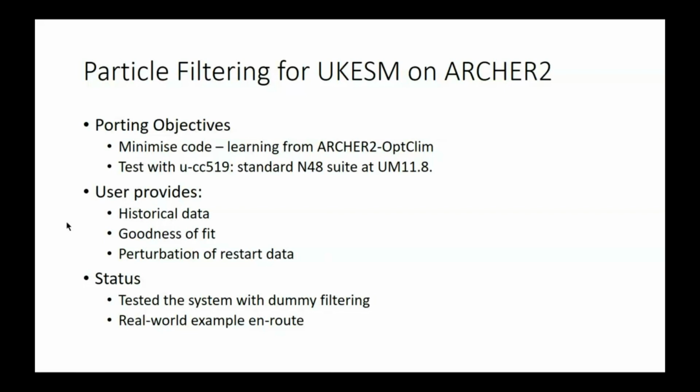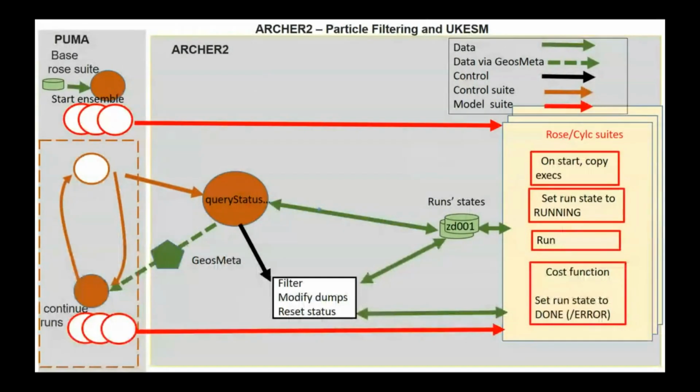The status we've reached with this is that we've tested it with dummy filtering, and we're in the process of working on an example that is more real world. And the way the software looks is derived from OPTCLIM, and different. It doesn't use the Slurm workflow, but uses run states held in the interface directories.